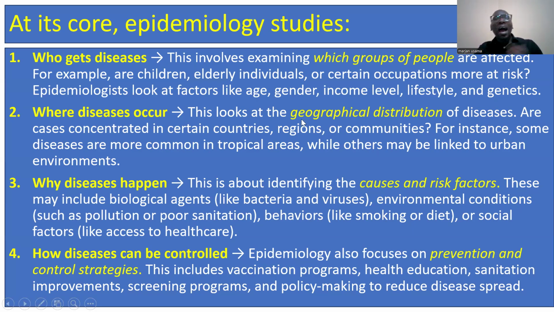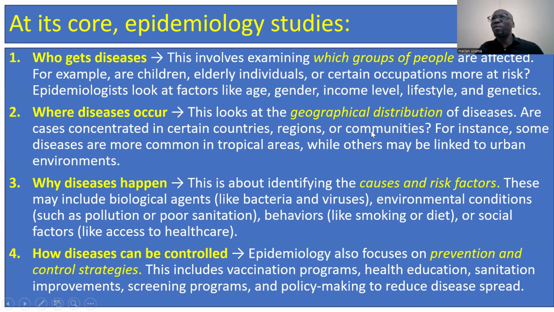That is, are cases concentrated in certain countries, regions, or communities, mathalan? So for instance, some diseases are more common in tropical areas, while others may be linked to urban environments. So this is a question that the epidemiologist basically tries to answer. The place where people get the disease.